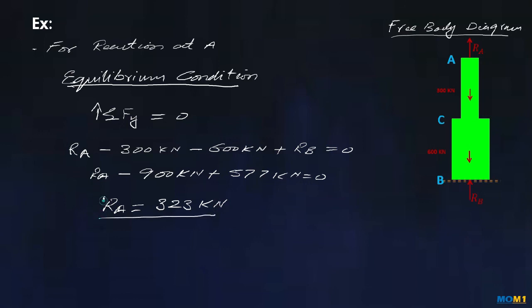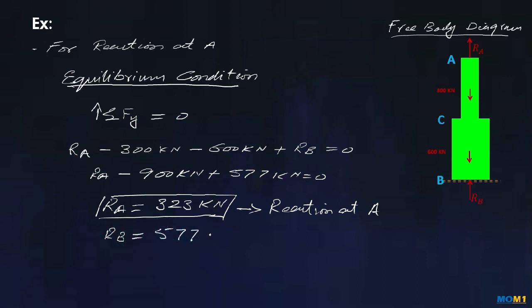So this is the value of the reaction at A, and we have previously calculated RB, that is 577 kilonewton, and this was the value of the reaction at B. And with this we end our discussion here.